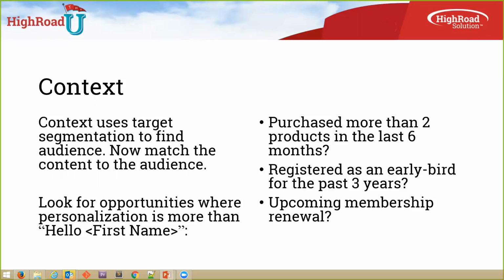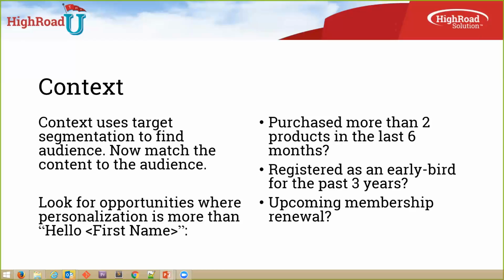You really want to start to dig in and look at segmentation and then apply content to those segments. So for example, you have an email about a specific product and a person has purchased more than 2 products in the last 6 months. That person is more apt to purchase something, and maybe that message is a little different than for somebody that hasn't purchased anything at all.